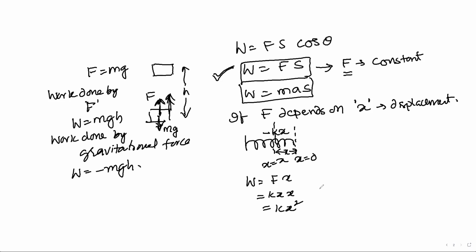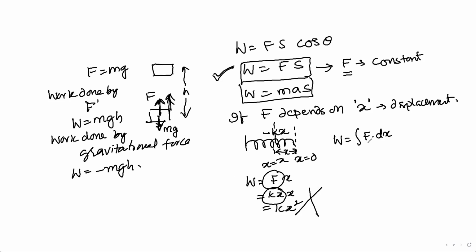No, I cannot write like this. Why? Because here force is dependent on displacement. So in this case, using integrals you can do. Work done equals, in this case, I have to apply the formula F dot dx.